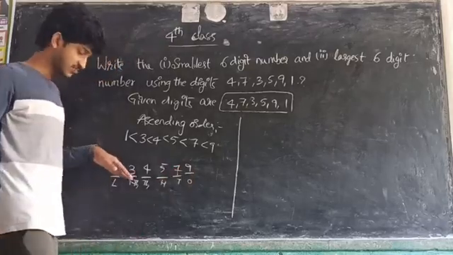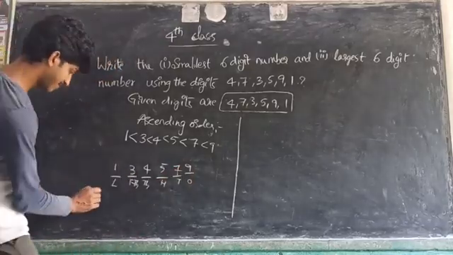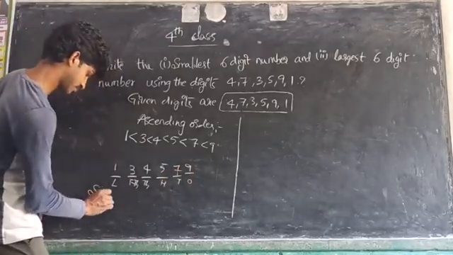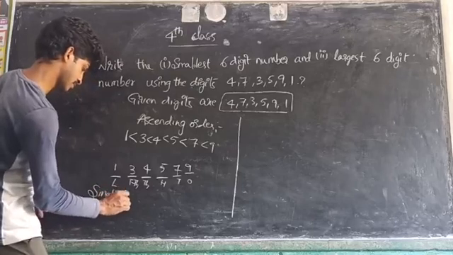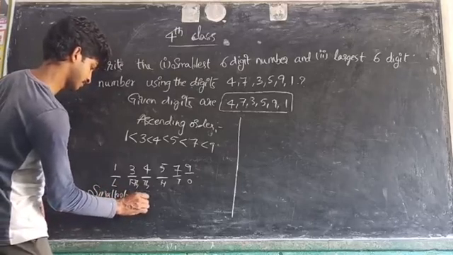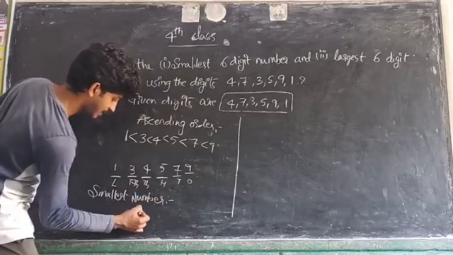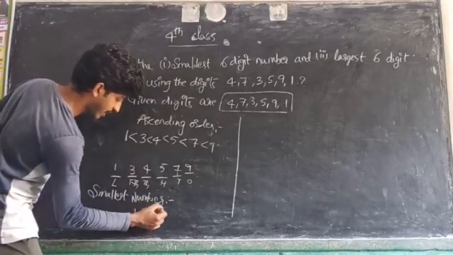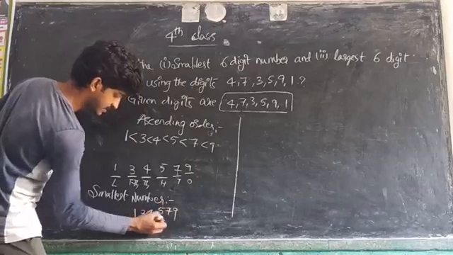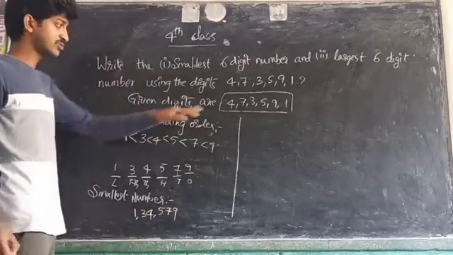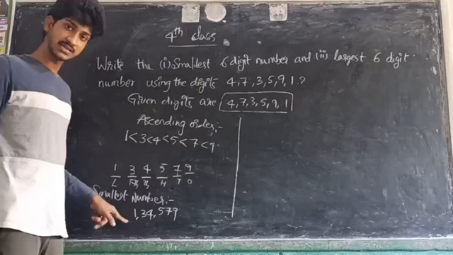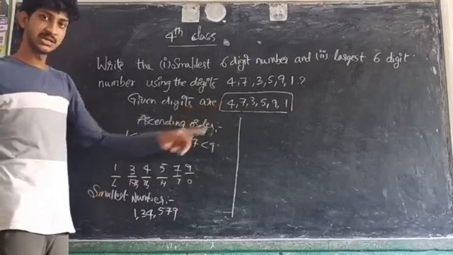This is the smallest number. 1,34,579 is the smallest number by using these 6 digits.